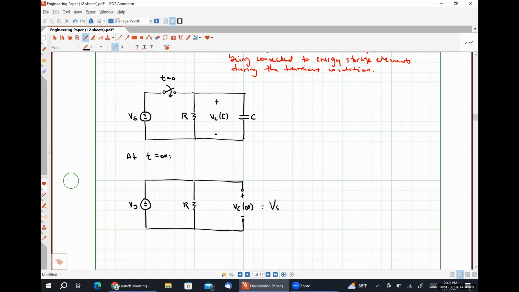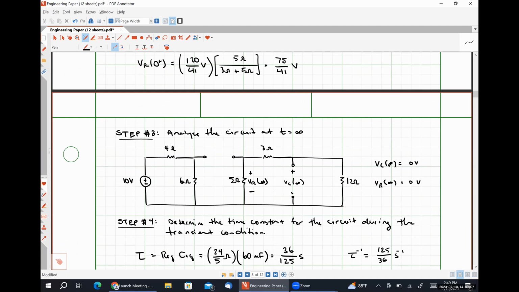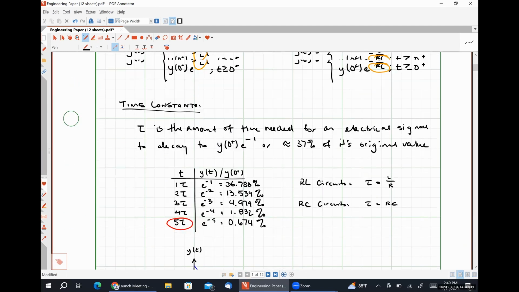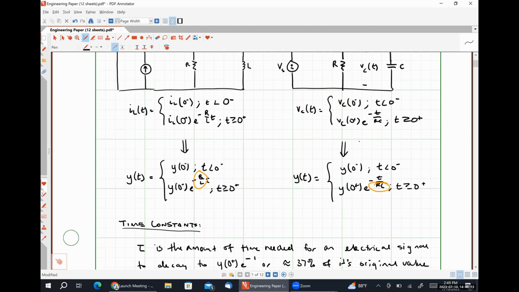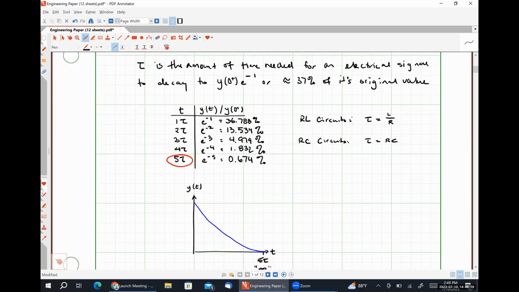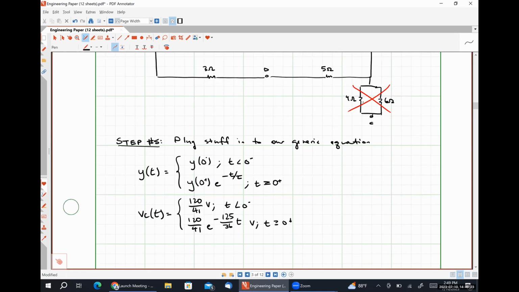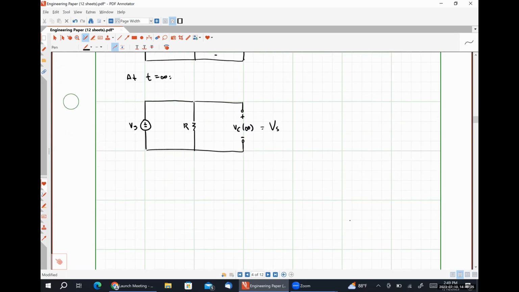So we know what the natural response of a circuit like this looks like. We literally have it right up here. Scroll all the way back to the top. So here's our natural response. We just figured out what our forced response is. So let's put things together. So let me scroll back down.